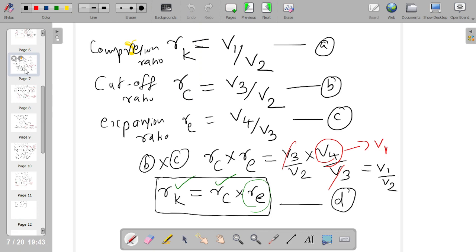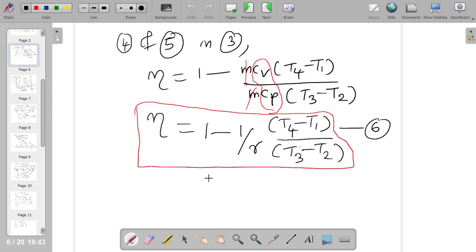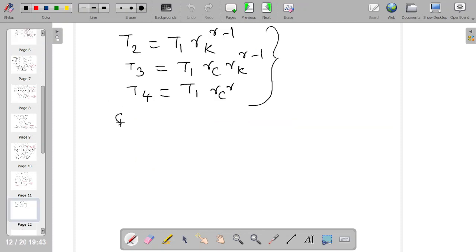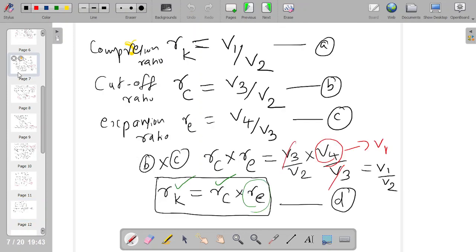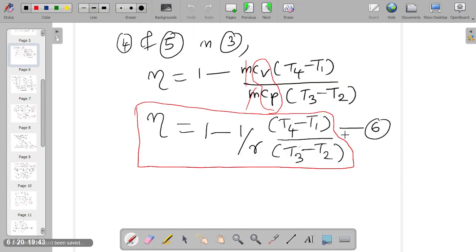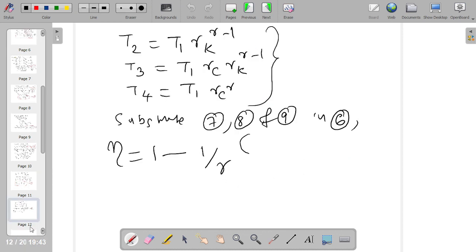Now go back to the expression for efficiency and substitute that. So substitute 7, 8 and 9 in equation 6. So that will be efficiency is equal to 1 minus 1 by gamma, T4 minus T1 by T3 minus T2.